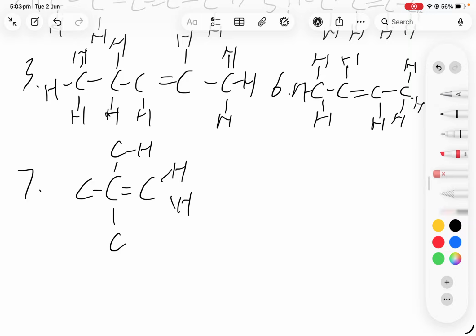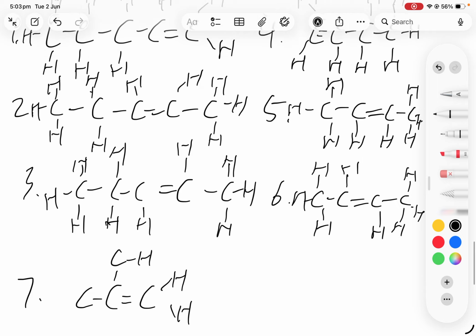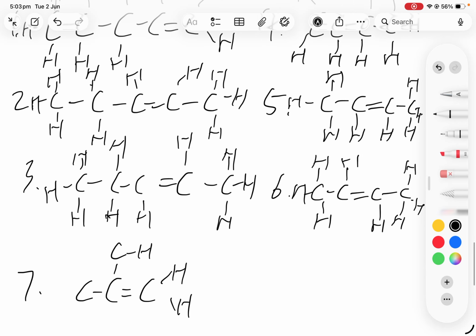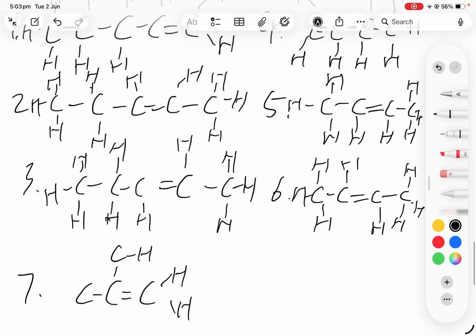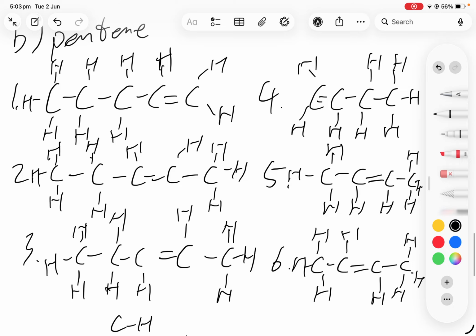Actually, is this possible? There's 5 bonds. No, it's because we're missing a bond from these ones. So we can technically have it here, or we can have it here.